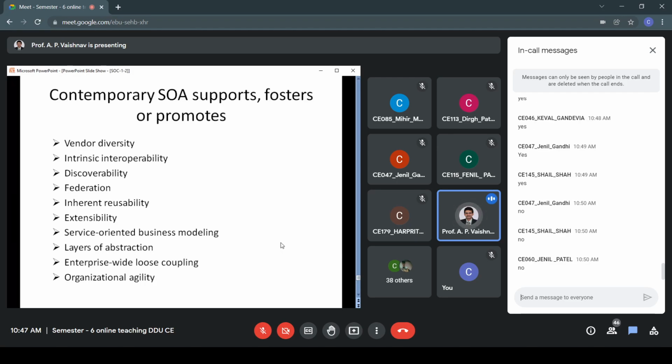So we have to write some generic services on top of every architecture, and those generic services will be communicating in XML, because every platform knows how to interpret XML. That is how we can support different vendors, different platforms actually. Are you clear with this term, vendor diversity?